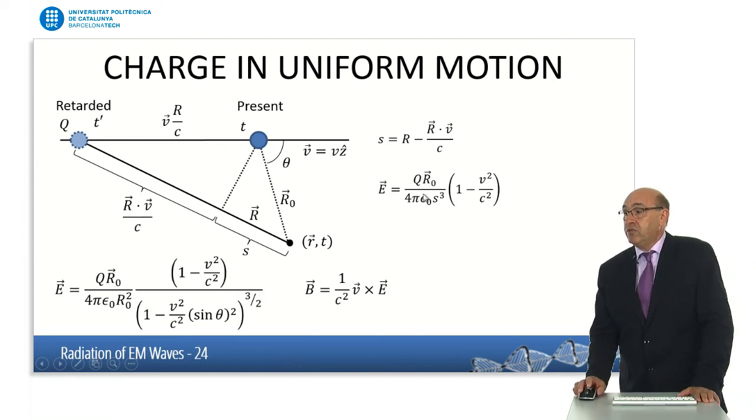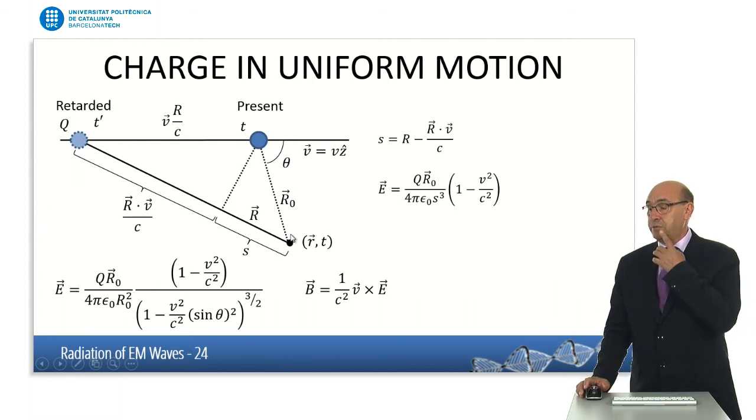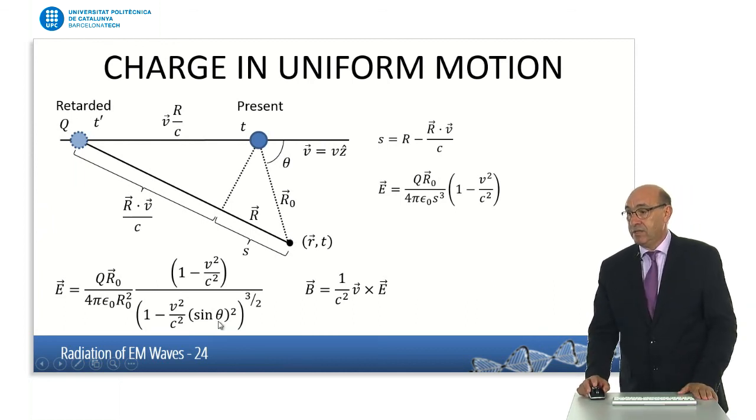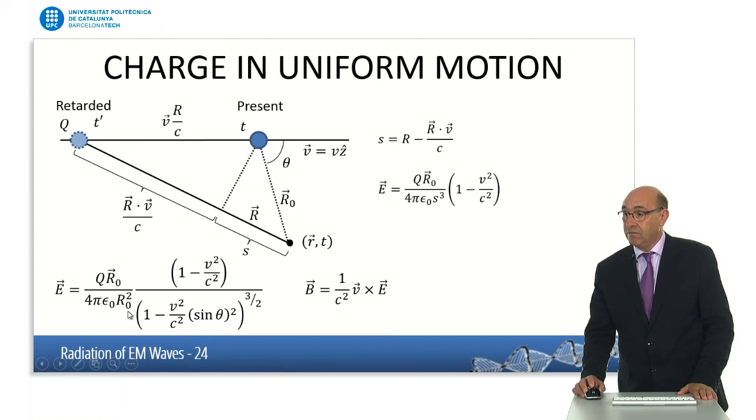Now we can also write this field in a less compact way, getting rid of this term here and taking just this distance and the angle theta that is here between the trajectory and the charge observer. With this, you see that the field falls off inversely proportional to the square of the distance.